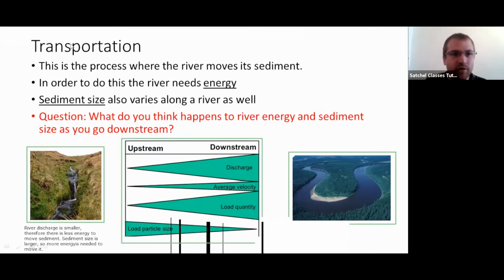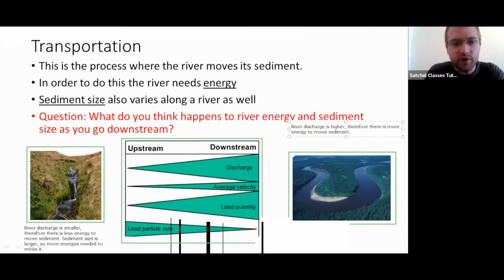If we hop over to the other diagram on the right, downstream in our lower course, the river discharge is higher, therefore there is more energy to move sediment. So this is the opposite now.